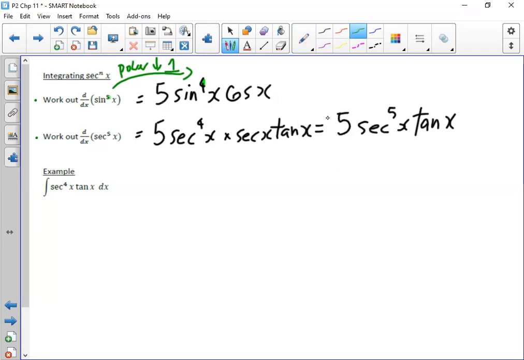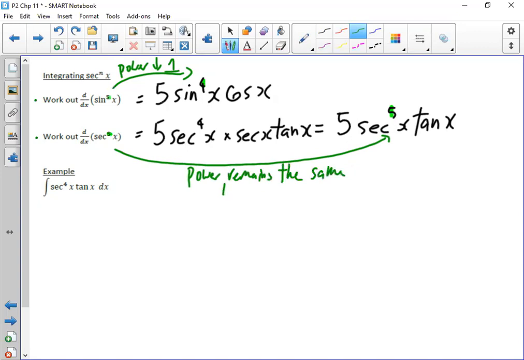But if you look at the sec, it doesn't. The power remains the same before and after differentiation.